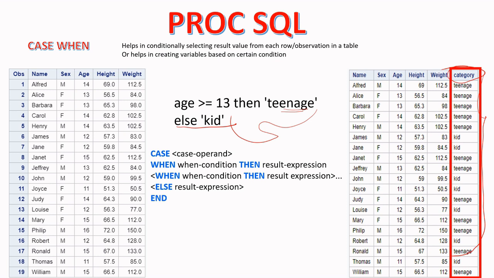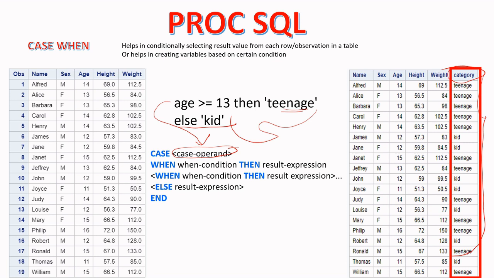Here one thing you need to note: whatever you see under the angular brackets are optional statements, the rest are mandatory. So the case statement is mandatory, this one is optional. This is nothing but the variable on which you want to apply the condition. Here in our case, age is the case operand.